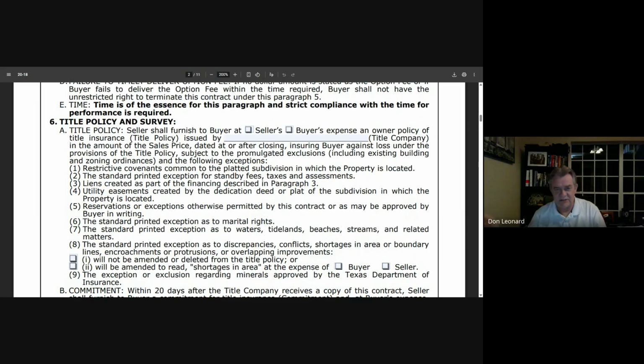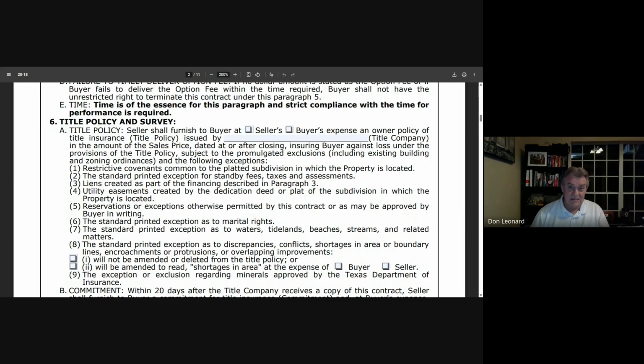So the title policy says, whatever the legal description is here, lot 1, block 1, section 1 of whatever subdivision, that the title company says, our policy will guarantee clear title. We will guarantee that lot 1, block 1, section 1 of whatever subdivision this is, has clear title, no liens, no issues at all. That's what our policy does.